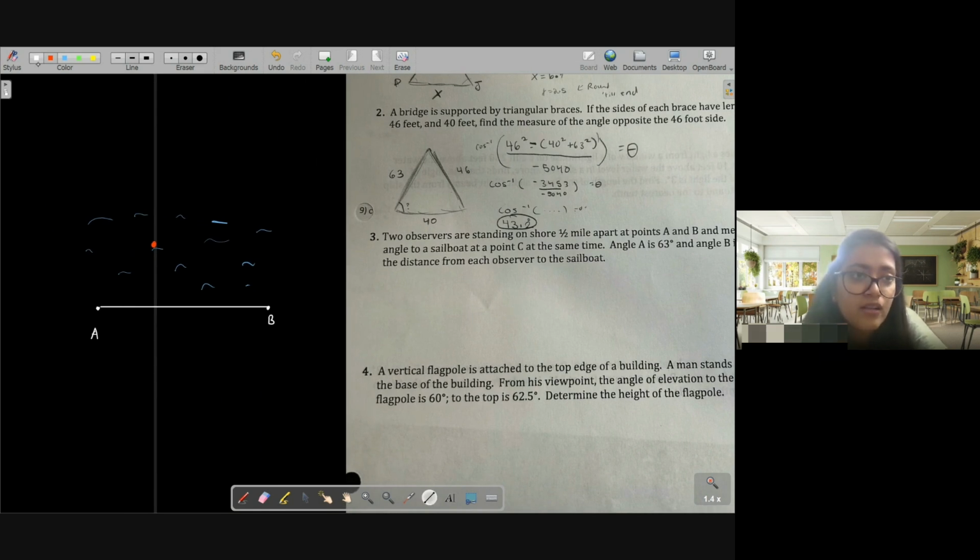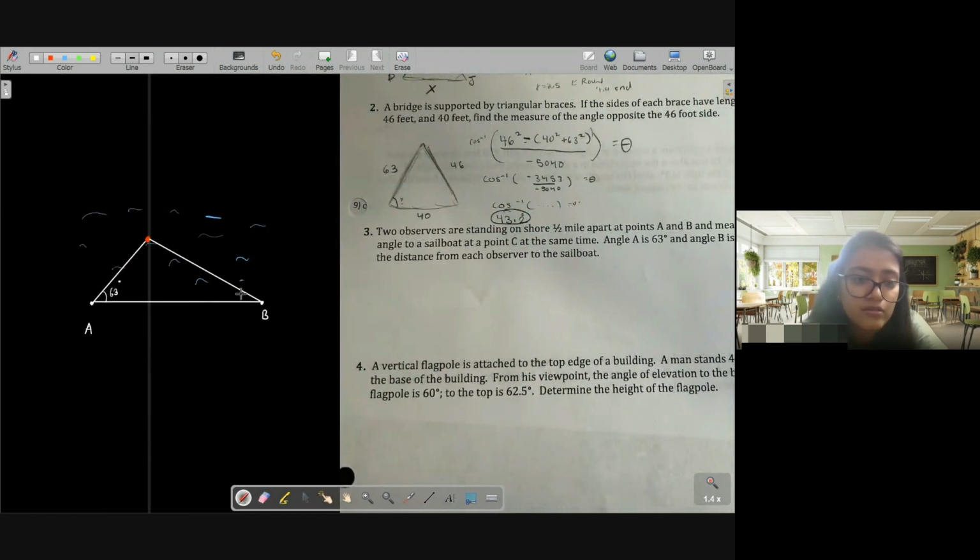So let's make the angle. This one is 63 degrees. And angle B is 56 degrees. Okay, we have to find out the distance from each observer to the sailboat. This distance, the slant distance is what we have to find out. This point is C. Okay, so we have to find out AC and BC. And AB is 1/2 miles.